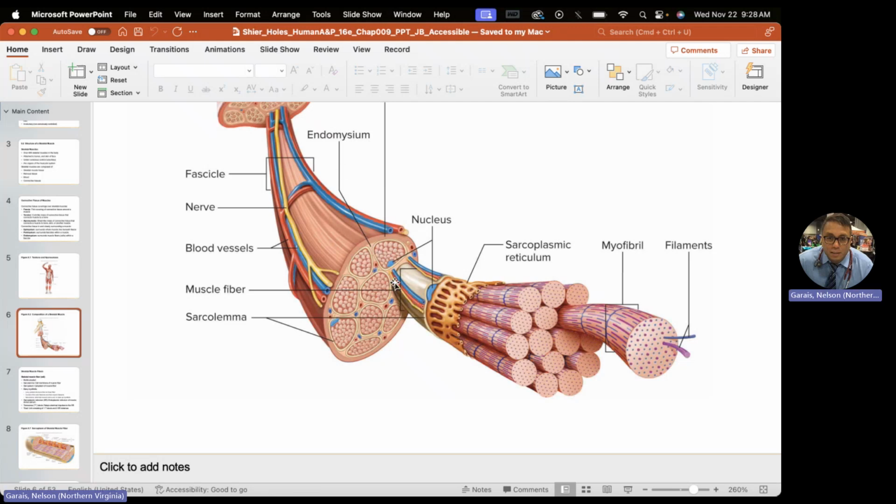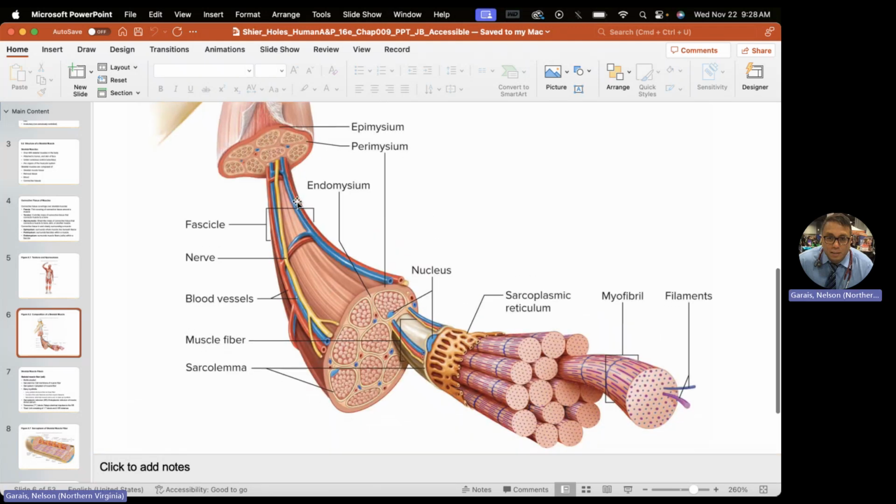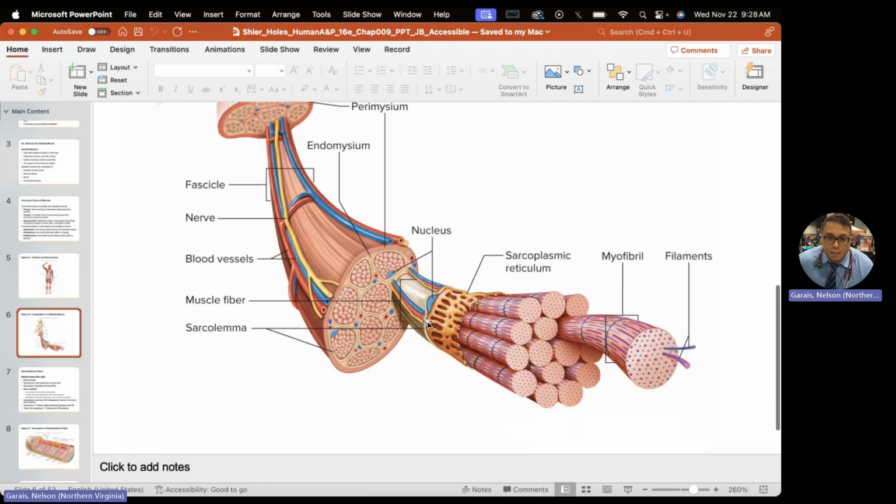So the endomysium is now covering a muscle fiber. So this next level of organization is muscle fiber. So fascicle gets covered by the perimysium. The muscle fiber itself gets covered by the endomysium.